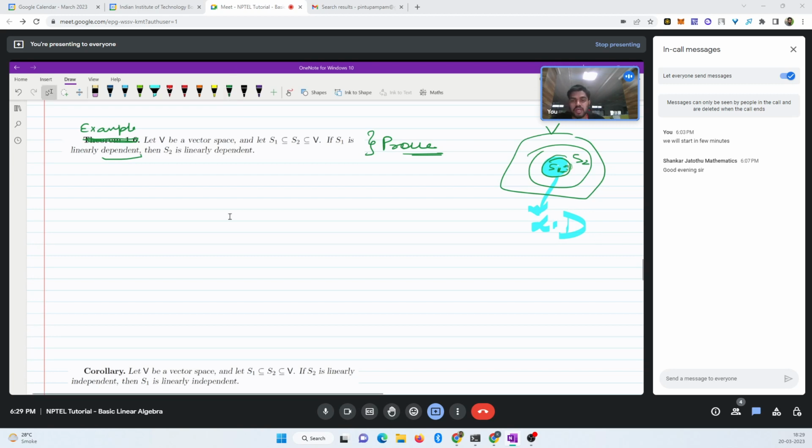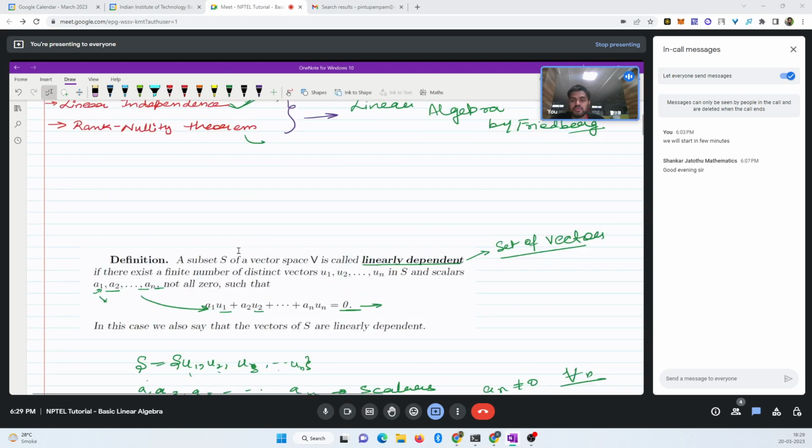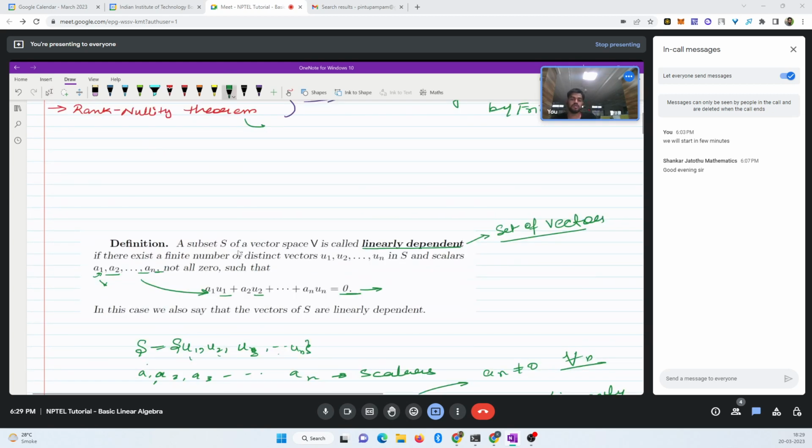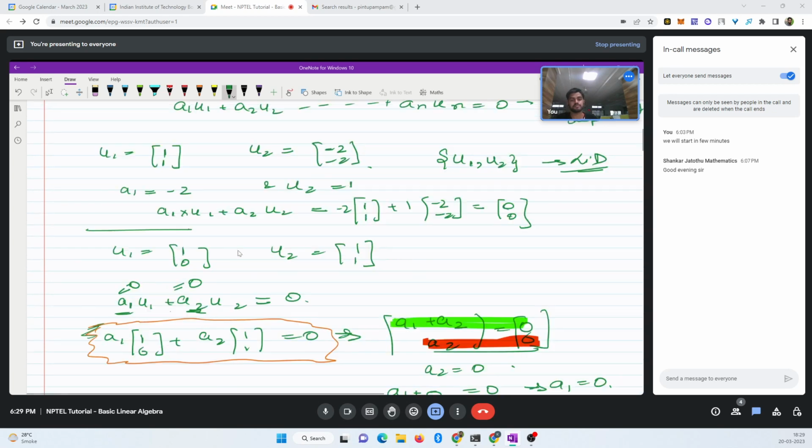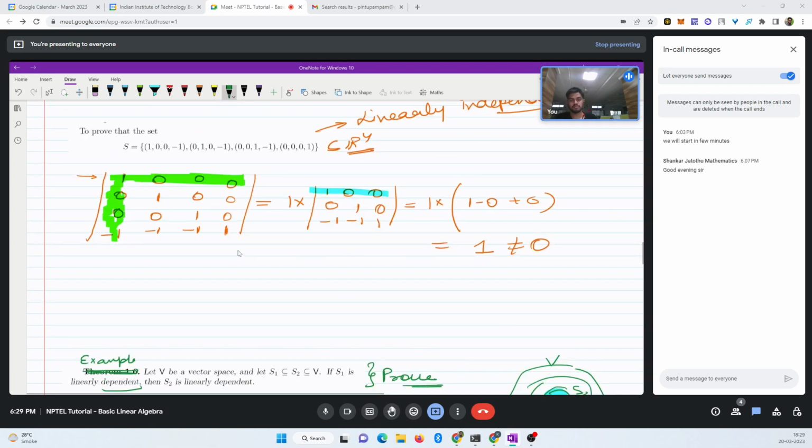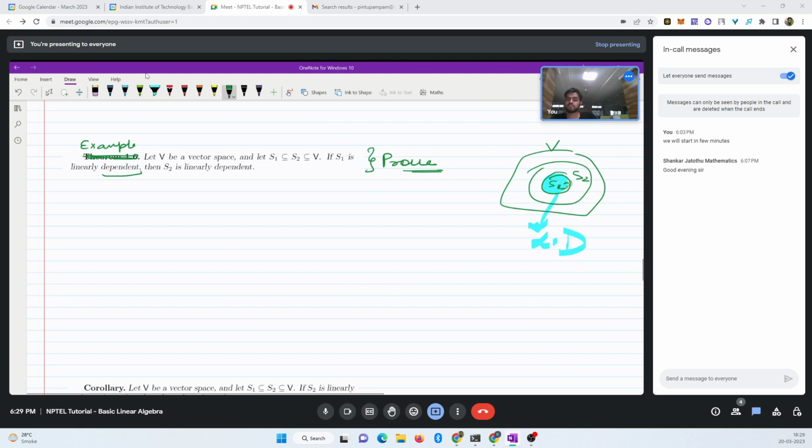Now, if we get back to our definition of linear independence, so you call a set S as linearly dependent if you have some vectors u1, u2, un such that you find such scalars. Okay. Right. So let's start from what is given to us.